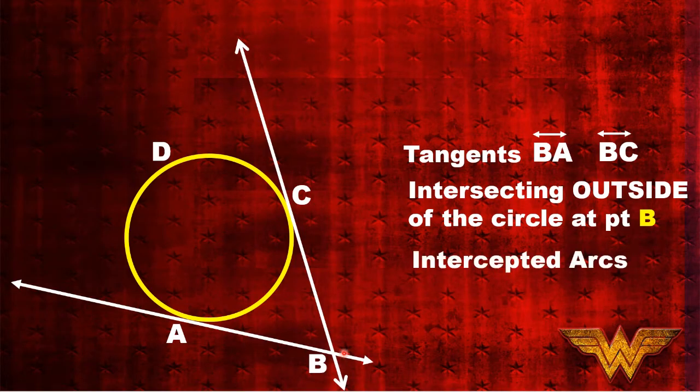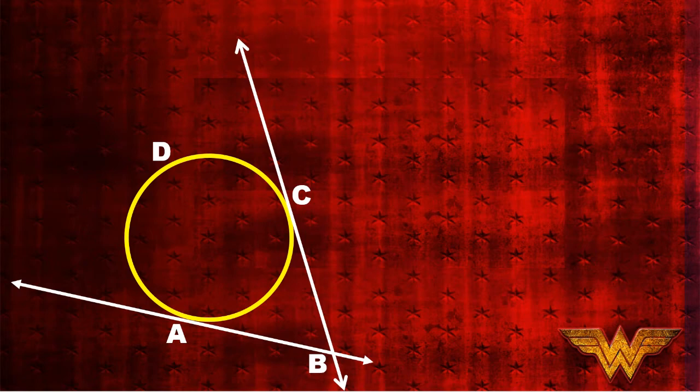And let us now identify the intercepted arcs. Yung mas maliit or yung minor arc natin is arc AC. At yung bigger arc or yung major arc is arc ADC. ADC. Yan. With this figure, ano naman ang ating formula?